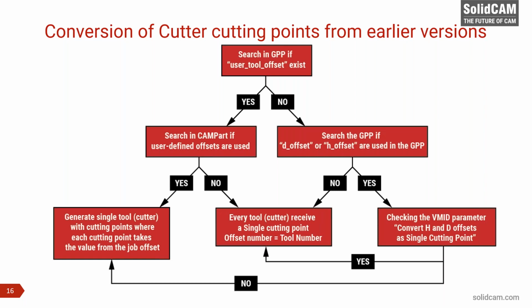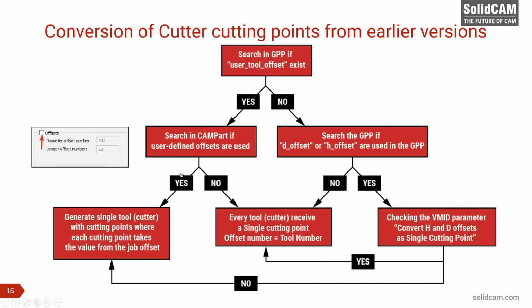So the very first thing we're checking is whether the user tool offset exists in your GPP file, okay? We are checking if it exists. So I'll go to the left over here, and let's imagine that yes, there is a user tool offset defined there, in the text, okay? So we are going to search then if my CAM part has user-defined offsets. A little flashback, guys. In the 2020 version, we had this checkbox in our jobs, and the user was able to completely freely define diameter and length offset in the job itself, okay?